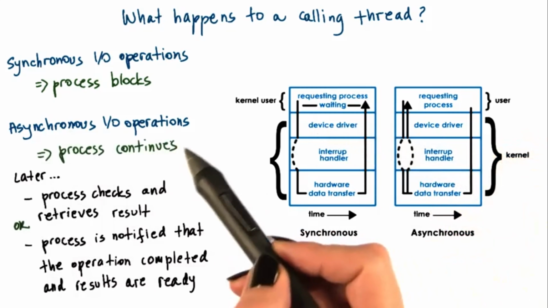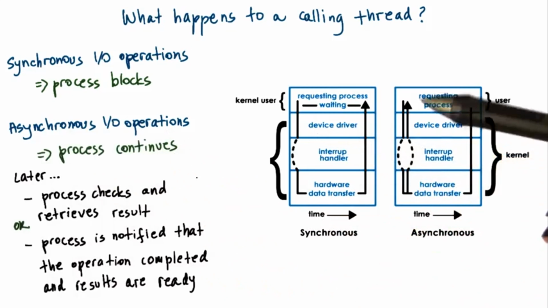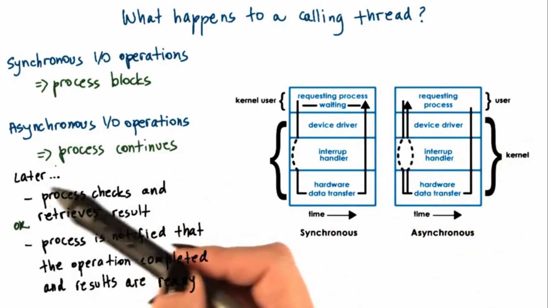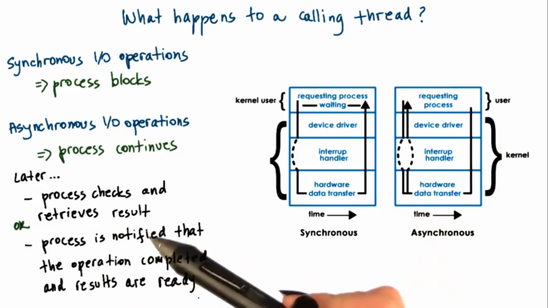With asynchronous operations, the user process is allowed to continue as soon as it issues the I/O call. At some later time, the user process can be allowed to come in and check, are the results ready for this operation? And at that point, it will retrieve the results.